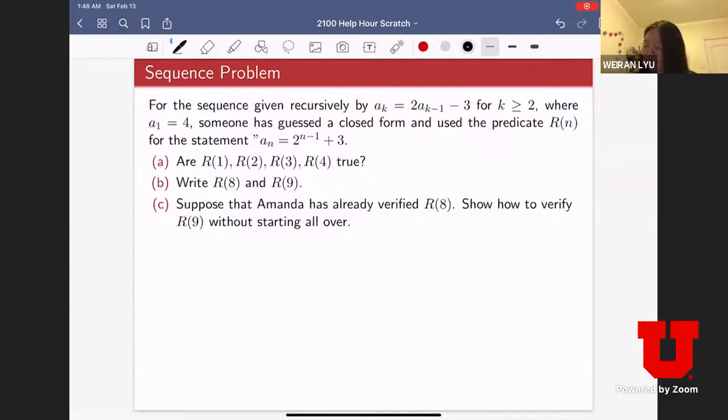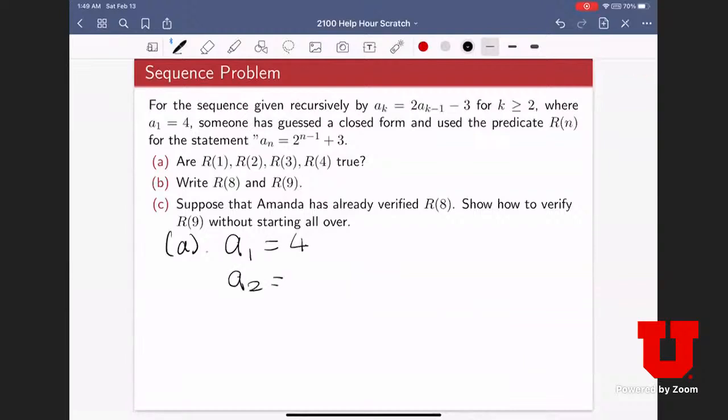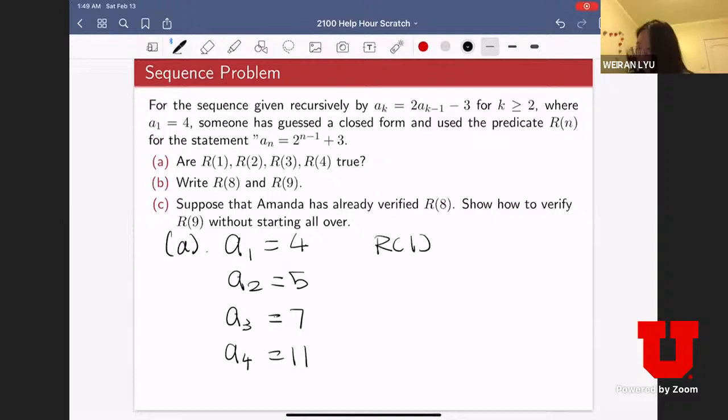So we're just going to verify the recursive formula and the closed formula for the first four terms, where you should get the same for the closed one.